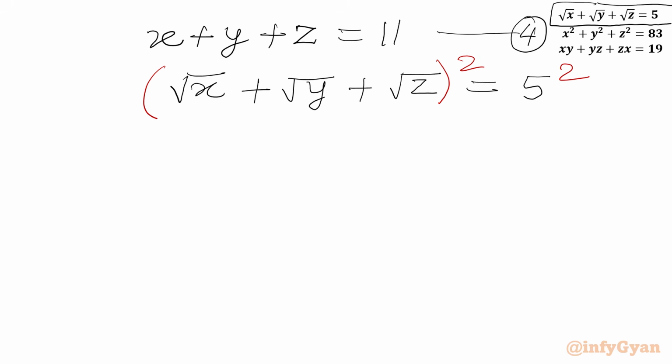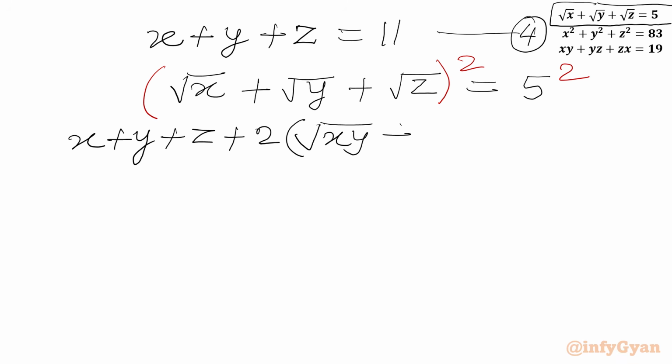So root x square is x, root y square is y, root z square is z, plus 2 times in the bracket root x times root y, root xy, root y times root z, root yz, and root z times root x, root zx, equal to 5 square, 25.